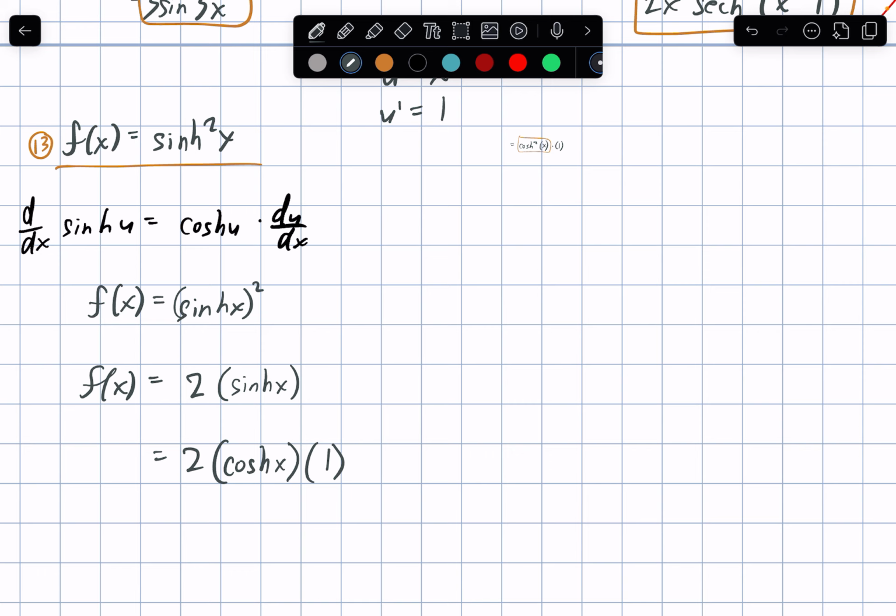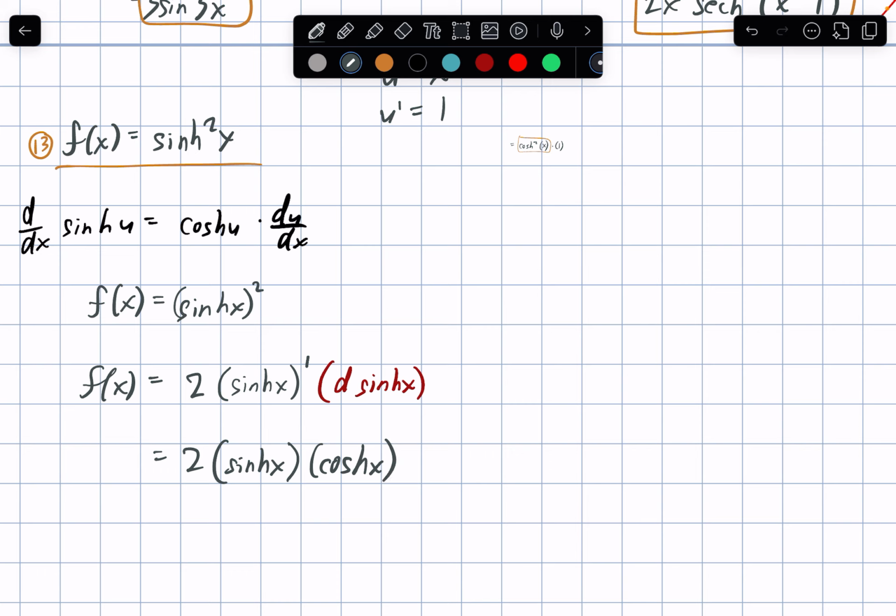We still didn't get the answer. If we use chain rule, aside from the one here, we multiply it by the derivative of this itself, which is cosine hx.